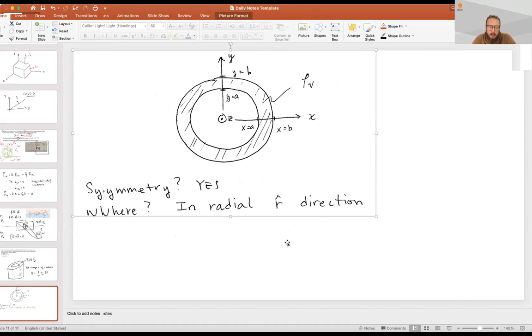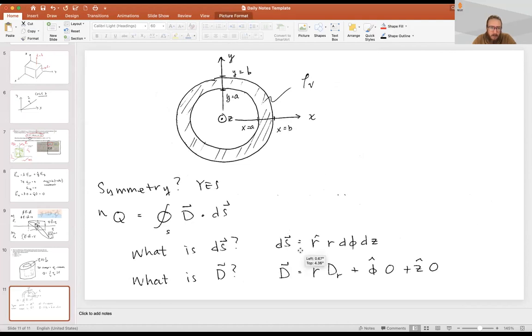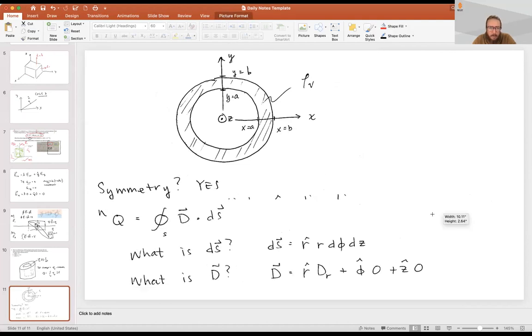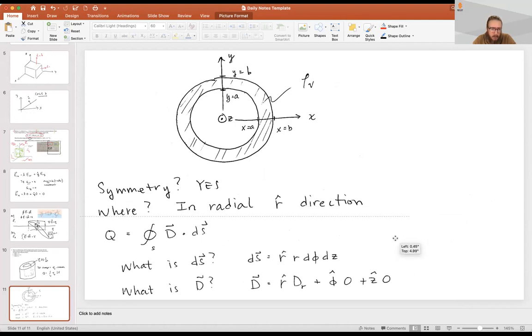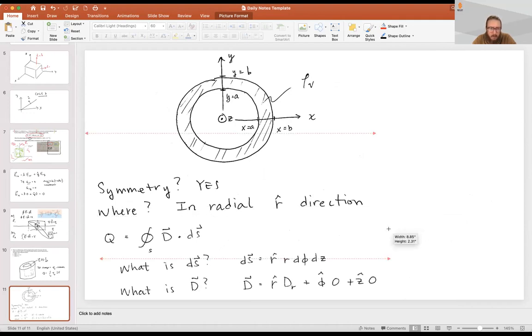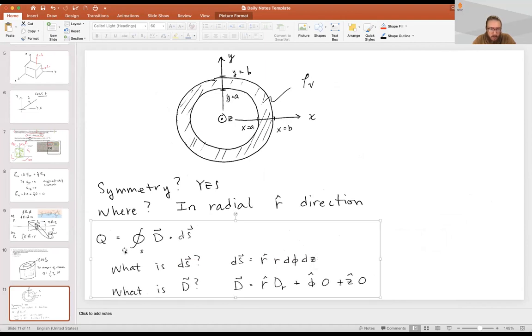Then we would start with this equation. Another form of finding the total charge would be to do this closed surface integral of the flux. This is what we use for all the Gauss's law problems, where the total charge is equal to this closed surface integral of the flux density D dotted with dS.